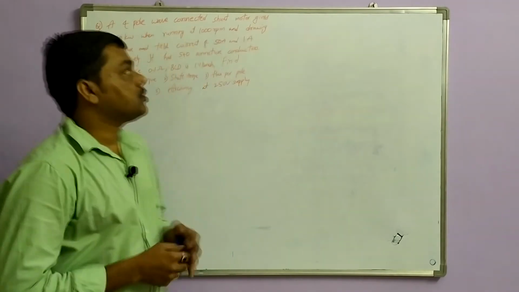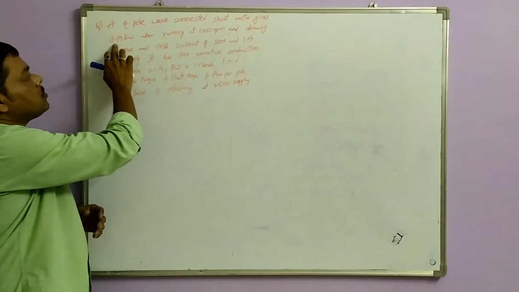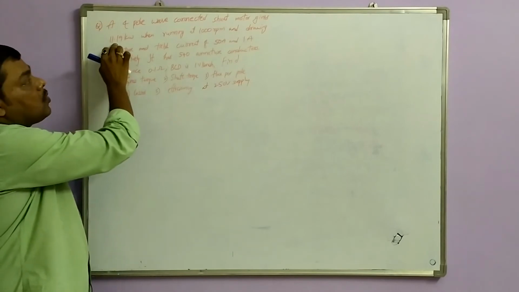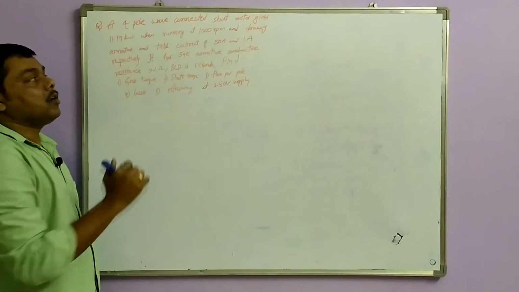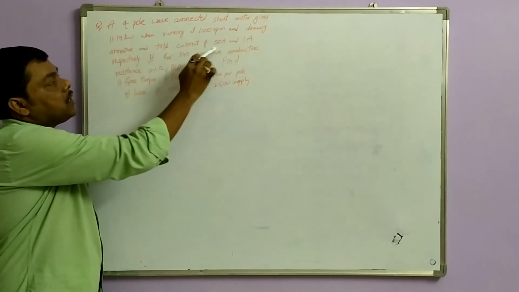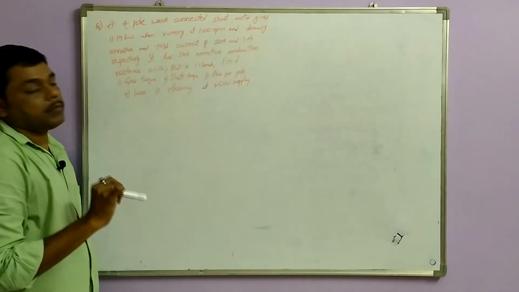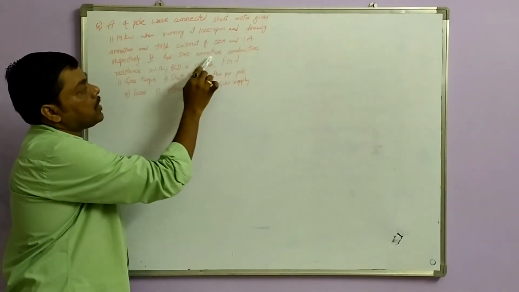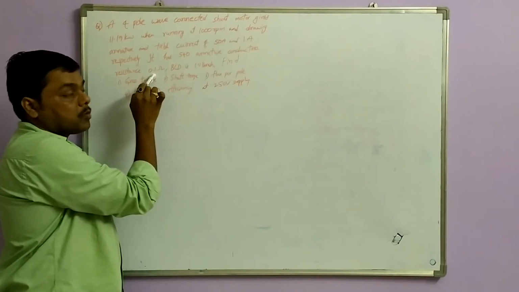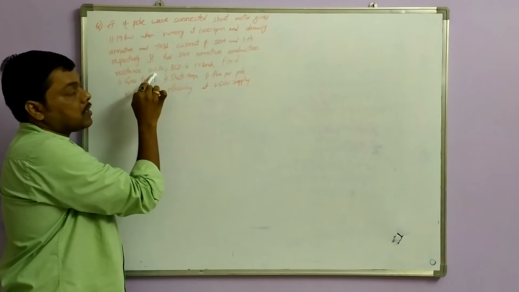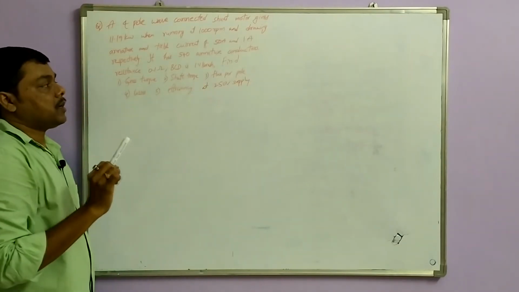Now the question is, a 4-pole wave connected shunt motor gives 11.19 kilowatts when running at 1000 rpm and drawing armature and field current of 50 amperes and 1 ampere respectively. It has 540 armature conductors, armature resistance 0.1 ohm and brush drop 1 volt per each brush.